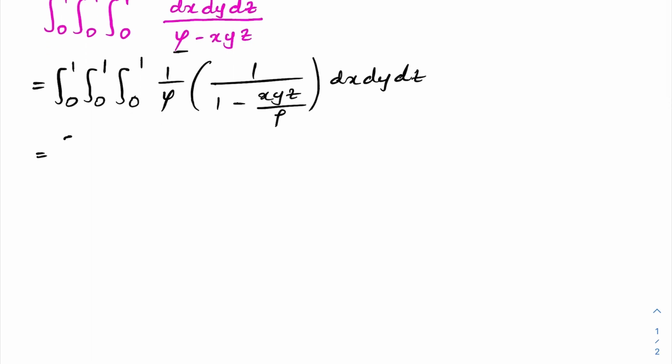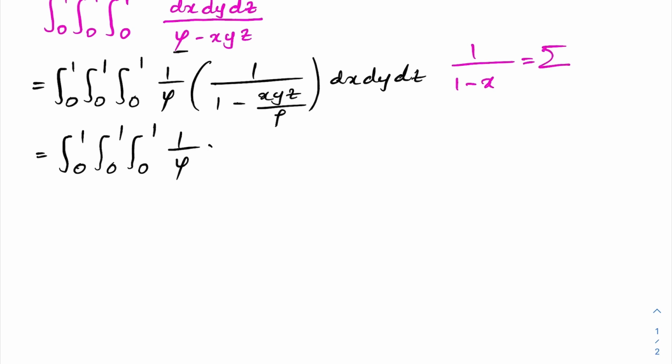I'm going to write integral from 0 to 1, integral from 0 to 1, integral from 0 to 1, 1 over phi times, now we know 1 over 1 minus x, for absolute value of x lower than 1, is equal to the sum of n equal 0 to infinity x to the n.